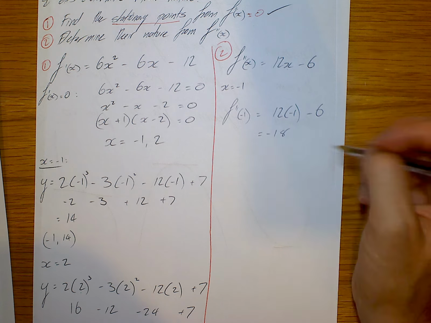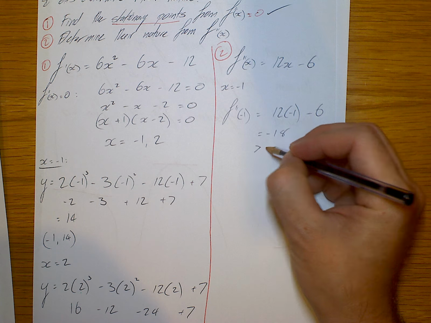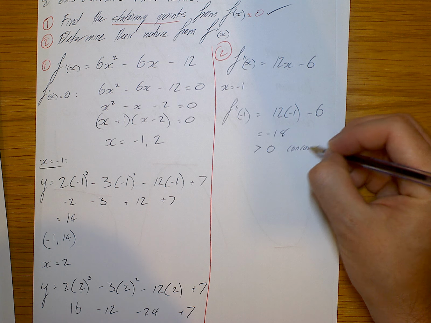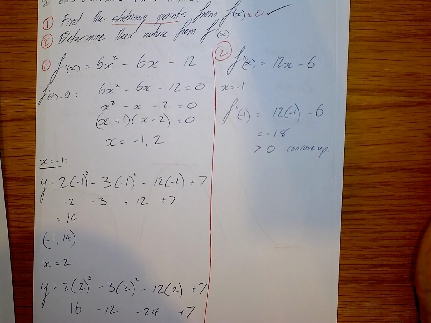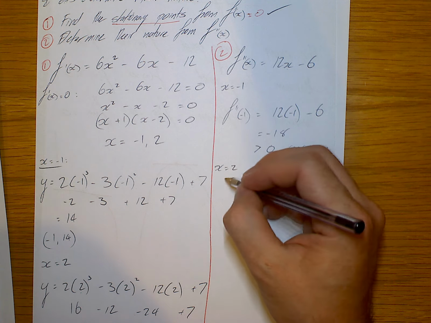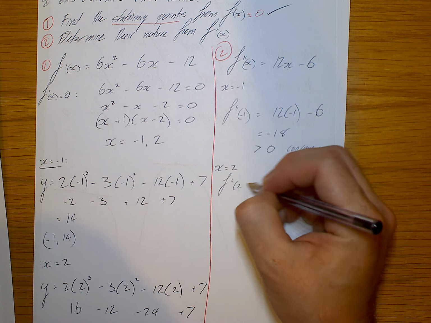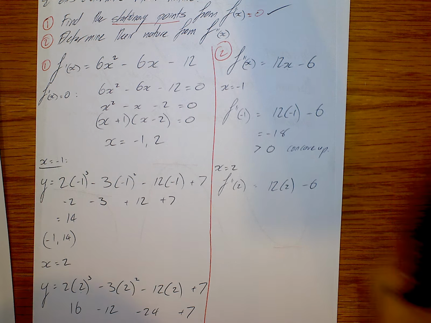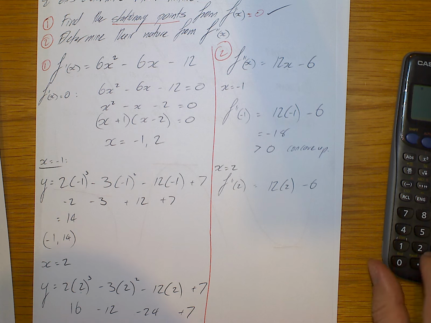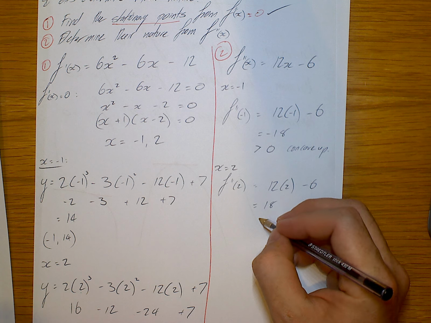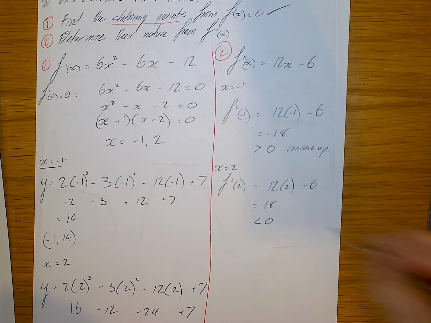Well, that means that is less than 0. Now, if we do our next one, x equals 2, that would be f double dash of 2, 12 times 2 minus 6. It's going to be 24 minus 6, it's 18. Well, that is greater than 0.